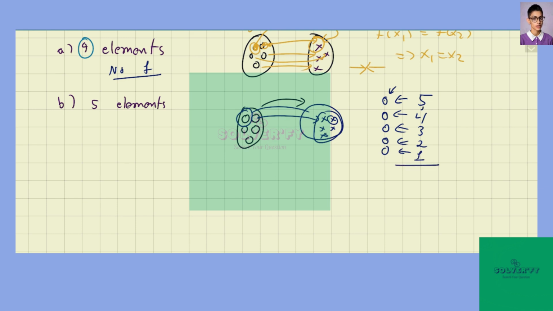So you have all these possibilities for each element in the domain of this function. This is the domain, and this is the codomain, or range, or target. That means 5 times 4 times 3 times 2 times 1, which is equal to 5 factorial, and in this case is equal to 120.